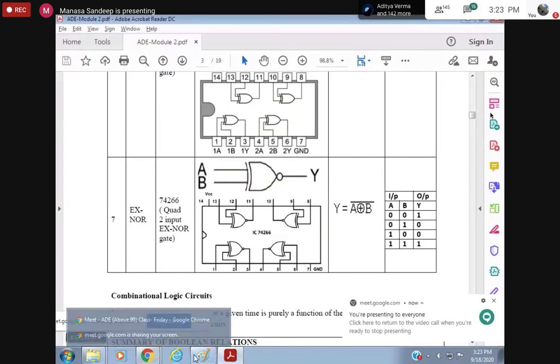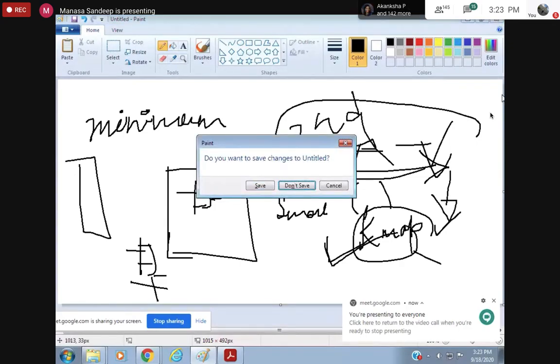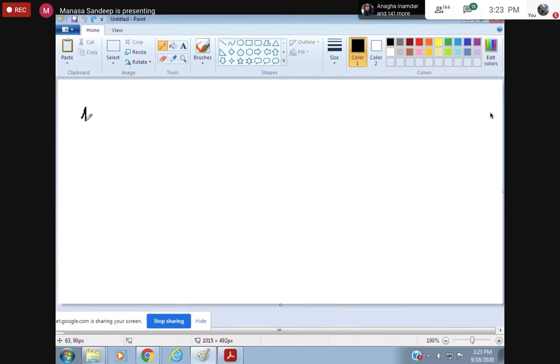So next, one more thing. Guys, today we are not starting with a K-map. I'm just giving you all the basic things required to start with a K-map. Now when I say the input is represented with 2 bits, let's start with 1 bit.